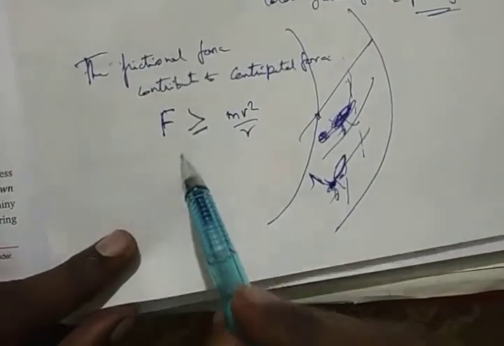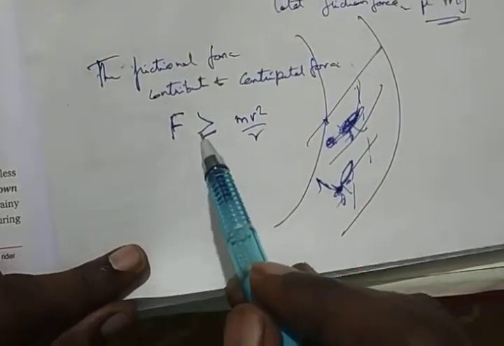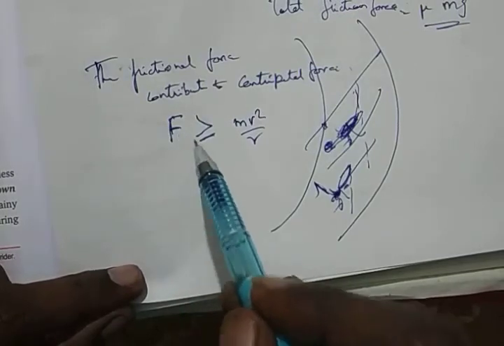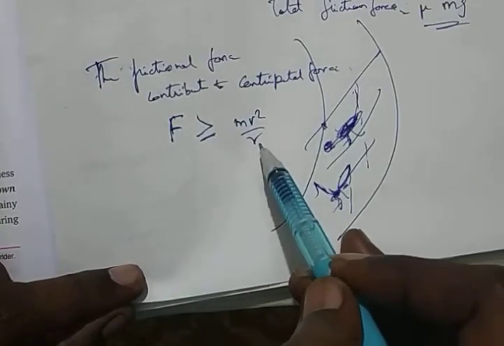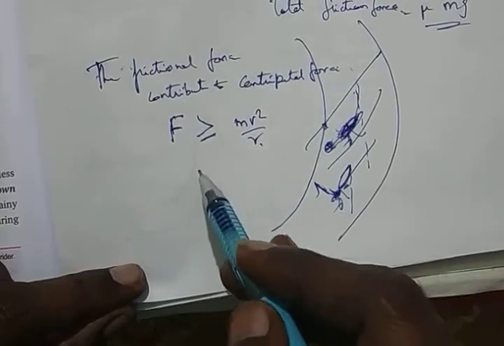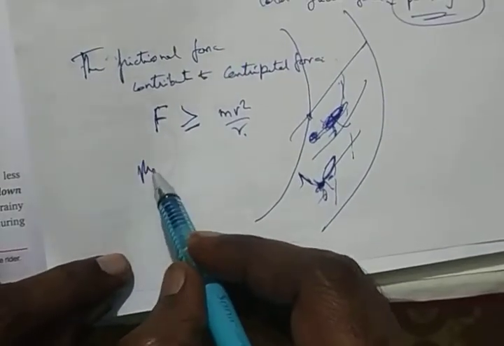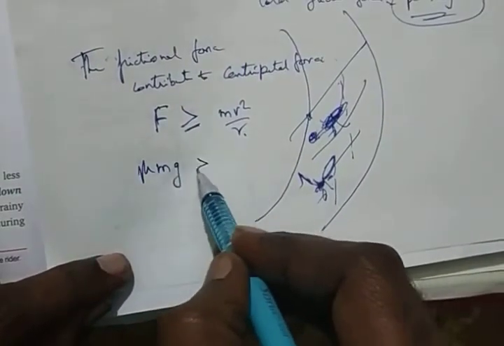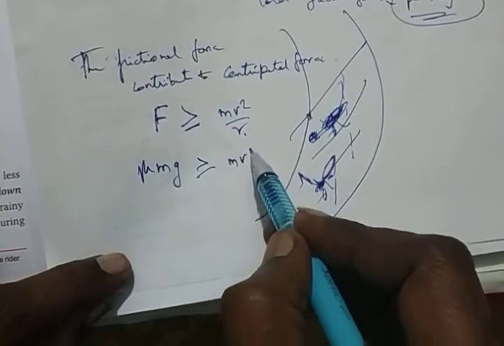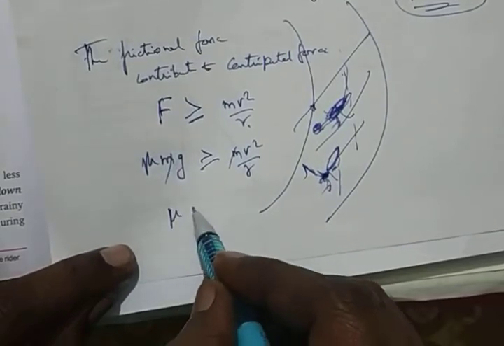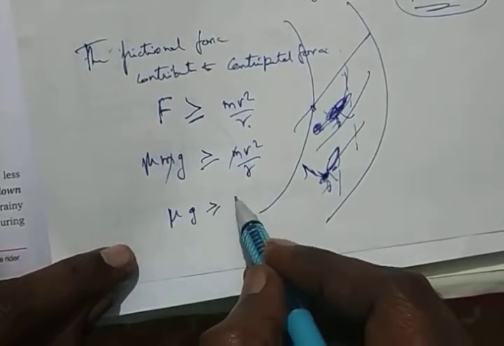So the main important equation which finally concludes this whole thing is that the frictional force should be greater than or equal to the centripetal force. What is the frictional force? We already saw it is mu times mg. So mu times m into g should be greater than or equal to mv square by r. Mass gets cancelled out, right? So mu times g should be greater than or equal to v square by r.